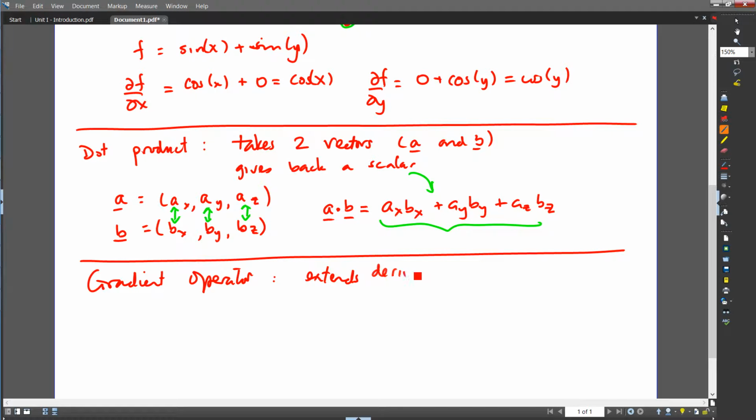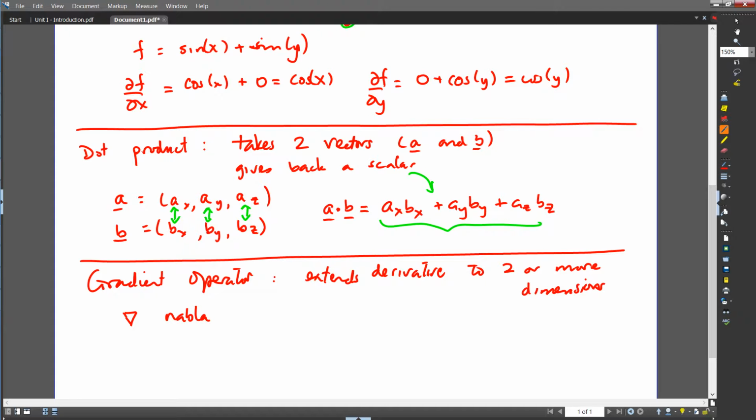The extension of the derivative to two or more dimensions. And it has the symbol nabla, which looks like an inverted triangle, like that.